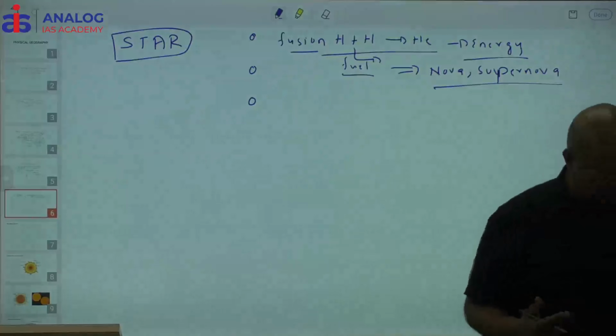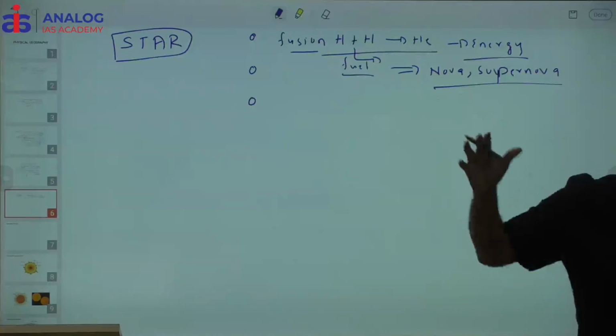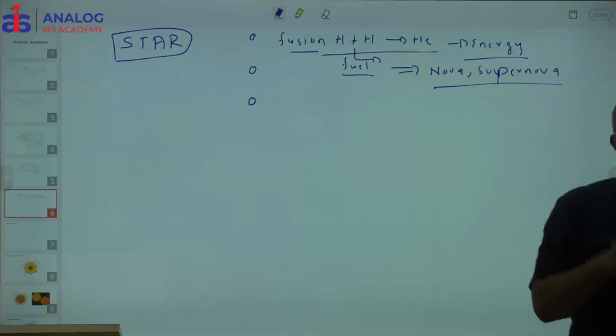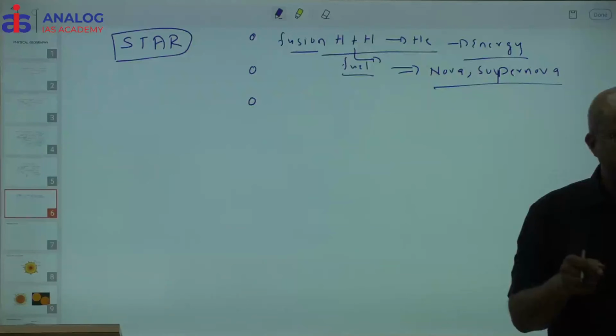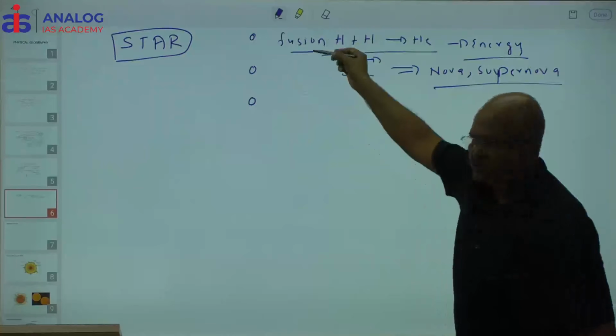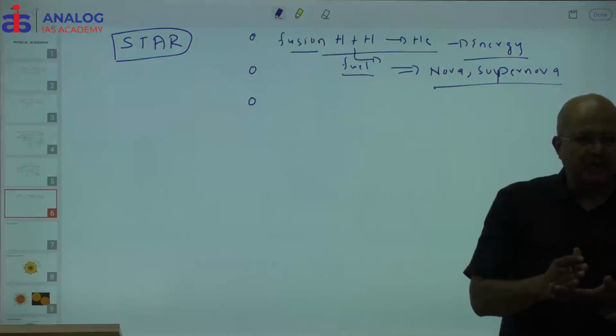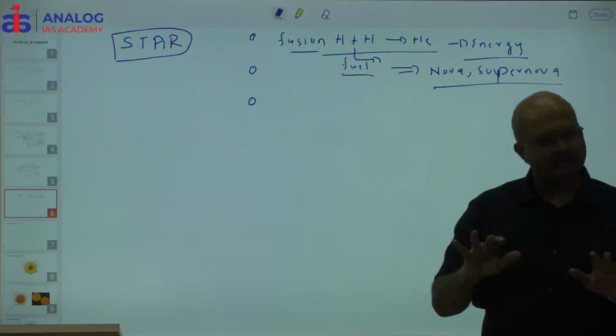The moment you use the term supernova, it means the explosion of a star. And what does supernova indicate? Supernova indicates the death of a star. Now, do all the stars have the same amount of fuel in them? Some may have more. That clear now?